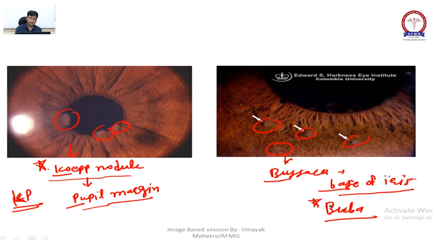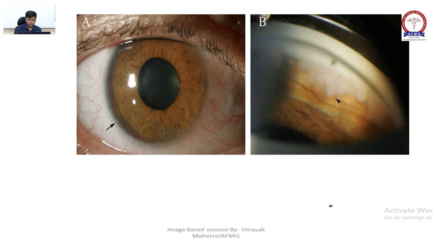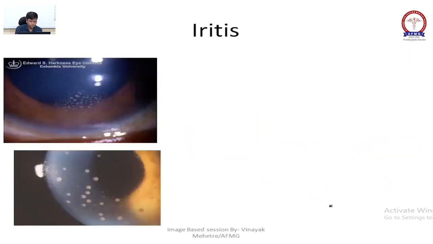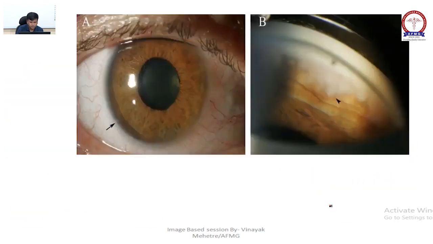Okay, why? See, where I kept it. This one. This image you are not going to get, but for the sake of completion, these are called Berlin nodules.